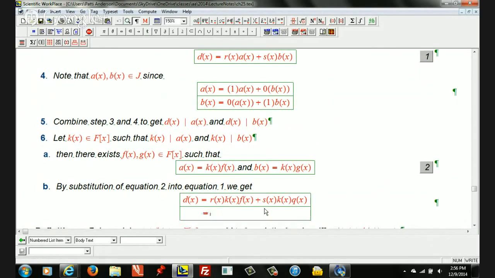But then, what can you factor out? Factor out k of x, and you're going to have k of x times r of x f of x plus s of x g of x.